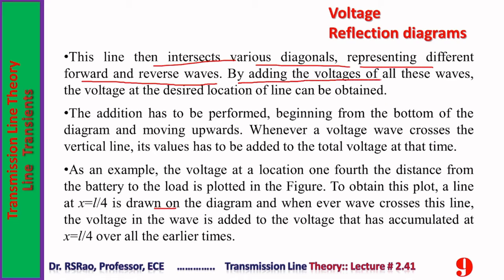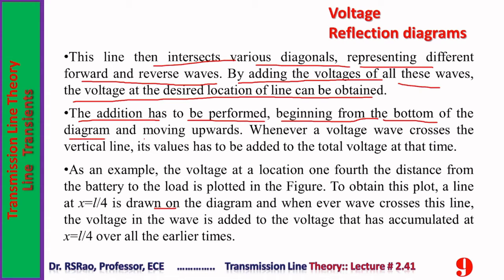By adding the voltages of all these waves, the voltage at the desired location of the line can be obtained. The addition has to be performed beginning from the bottom of the diagram and moving upwards. Whenever a voltage wave crosses the vertical line, its value has to be added to the total voltage at that time. An example can be considered.